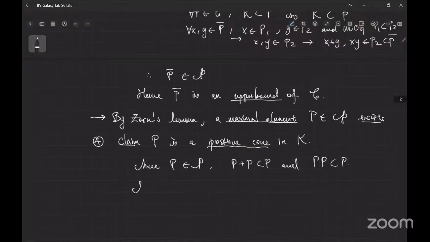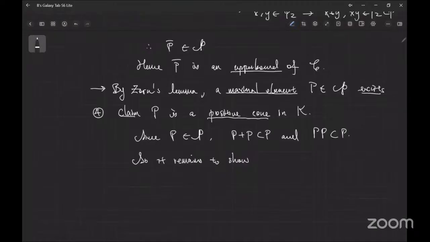So it remains to show that P union its negative is everything, and P intersect its negative is 0. So that's what we need to show, these two things. This box and this box.